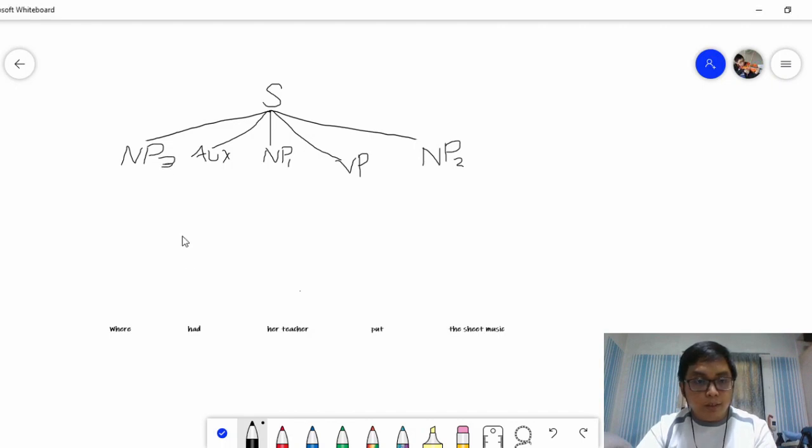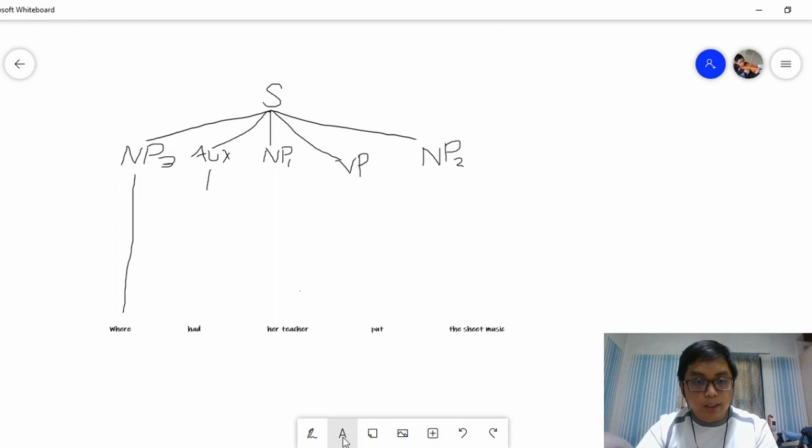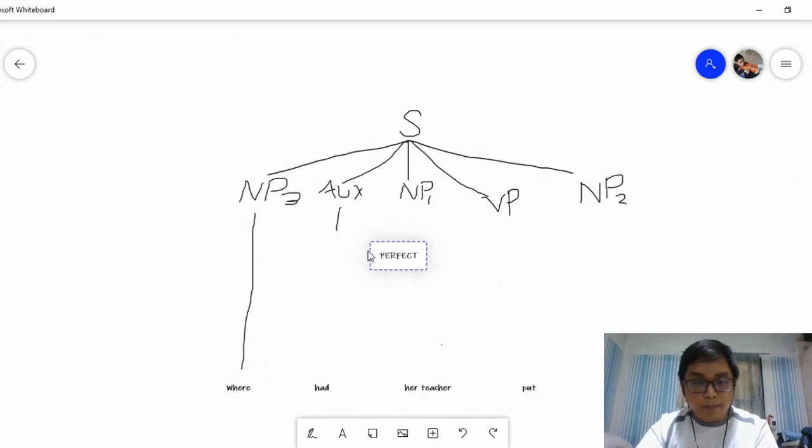Alright, so again, to use this one, we have, let's drag it down, NP3, where, okay, and then with the presence of the word aux, okay, we can still put here the constituent perfect so that you won't get confused on what auxiliary we are using here. So let's use perfect. Oops. And still drag that down.